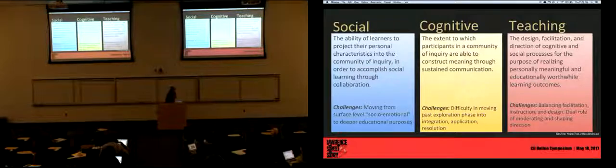And the idea with social presence is the ability, as it states here, of the learners to project their personal characteristics into the course, into the content, into their interaction with their peers through this collaboration. So here, you're moving from that surface level of socio-emotional to a deeper educational purpose.